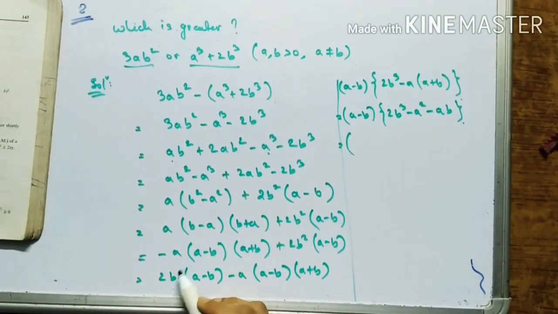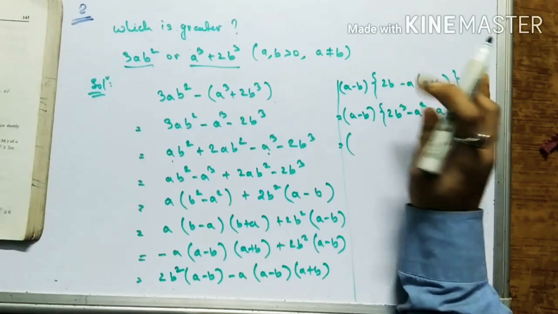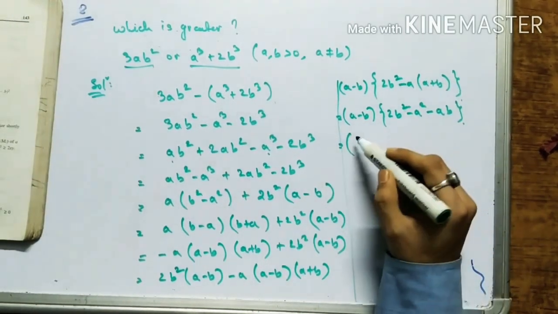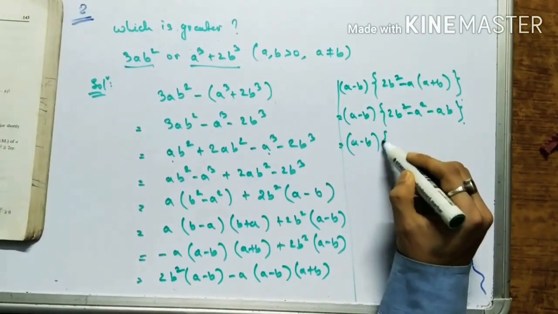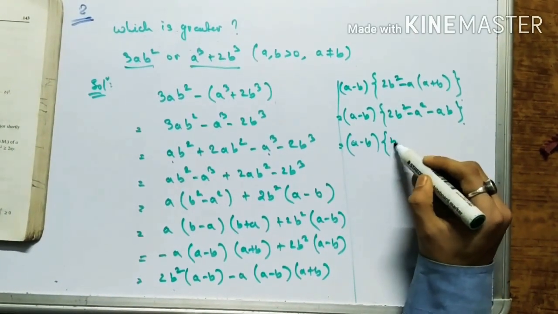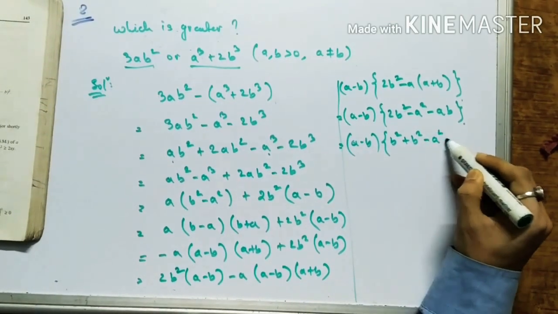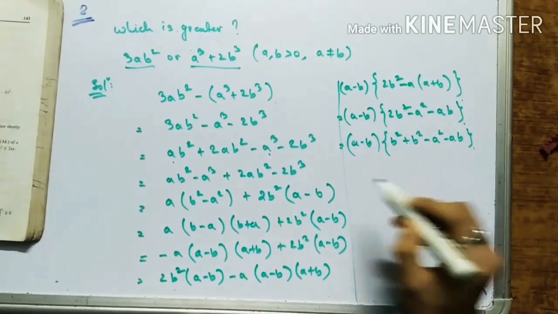Oh sorry, this is 2b square. Now a minus b, this is 2b square minus a square minus ab.